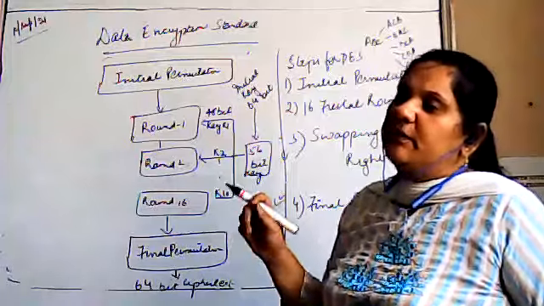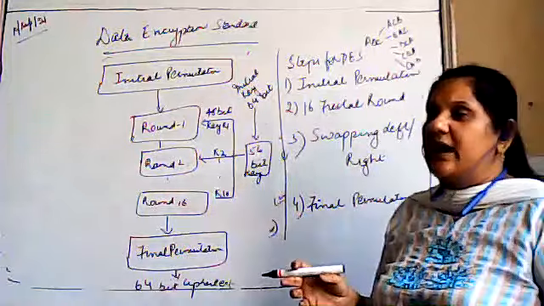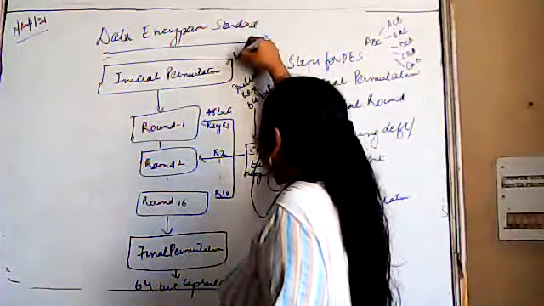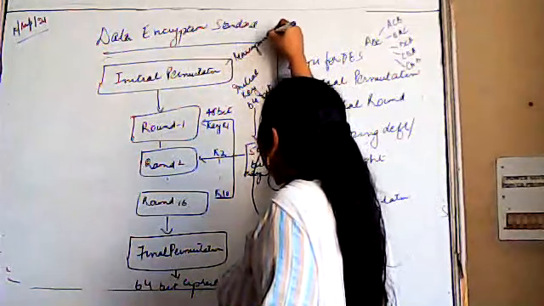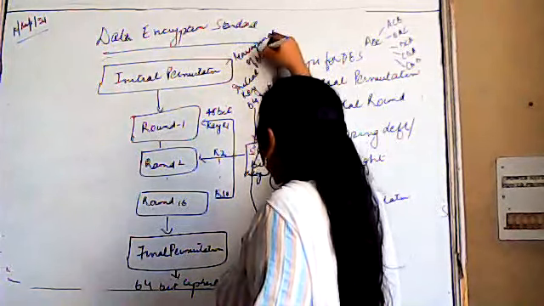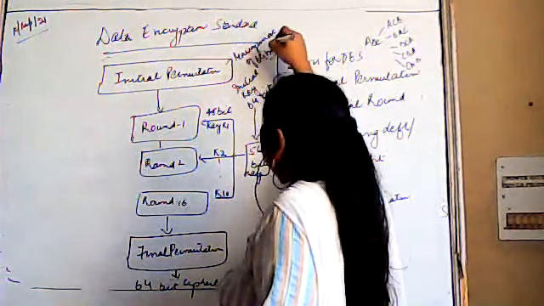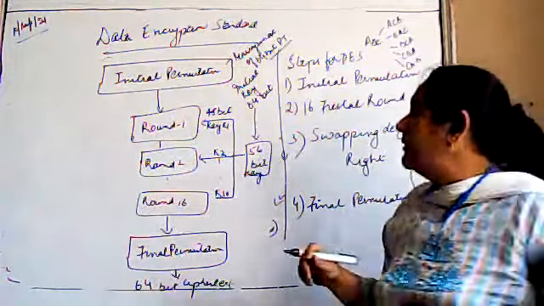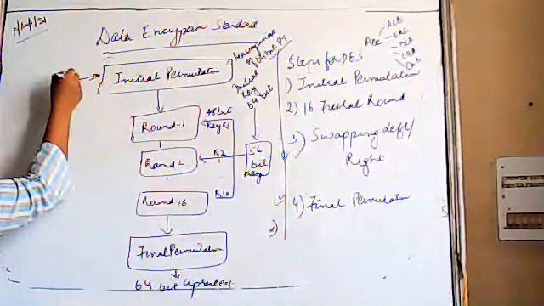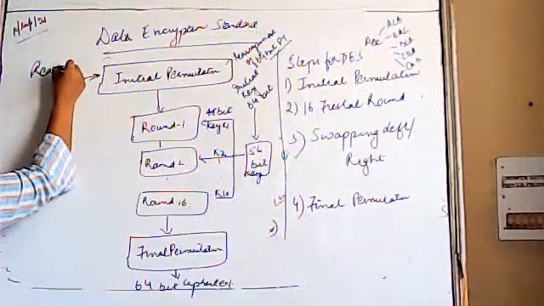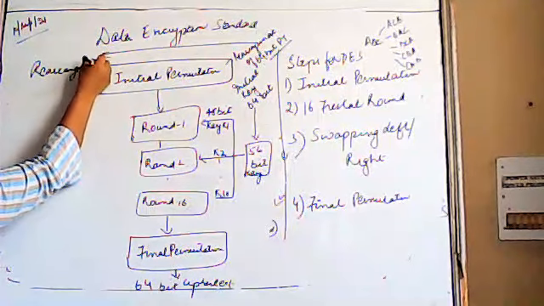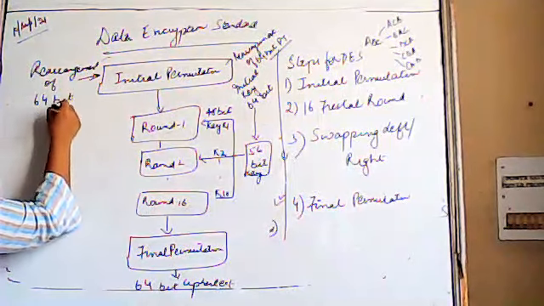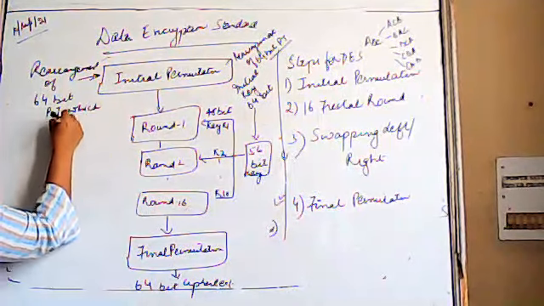Similarly, when we are given a 64-bit plain text, we will perform the initial permutation so as to rearrange that 64 bits. Fine. So that initial permutation will be the rearrangement of the 64-bit text which is given as input.